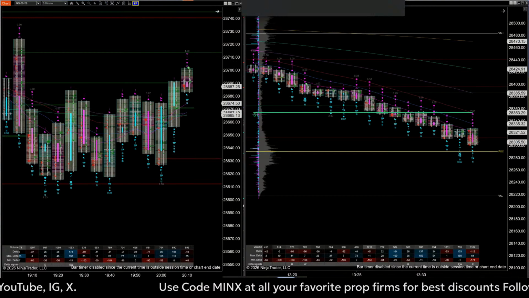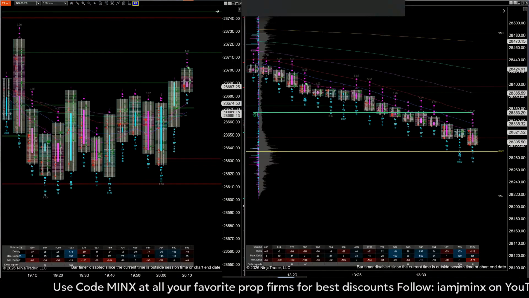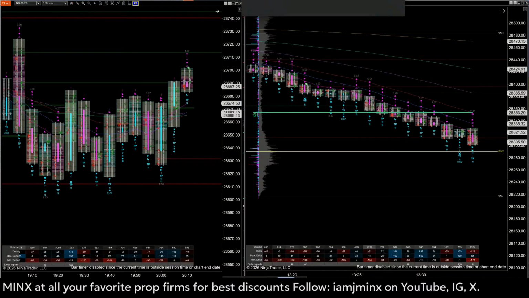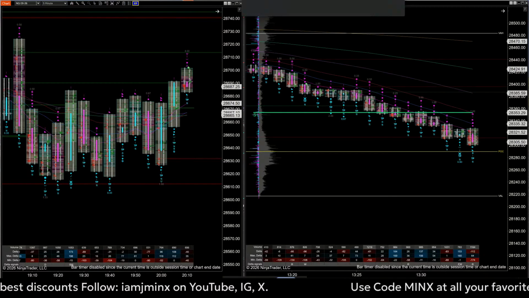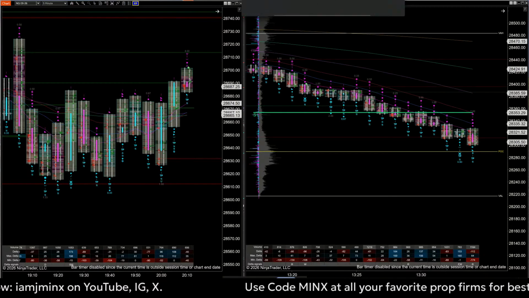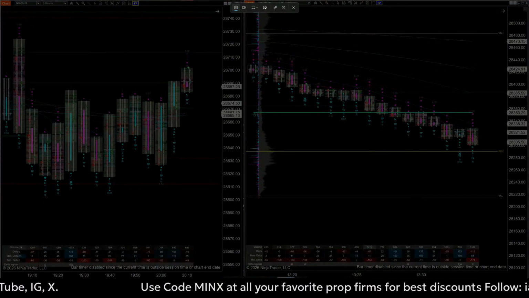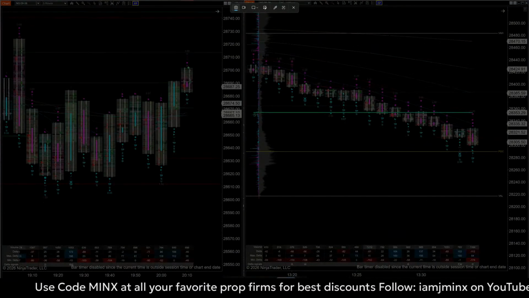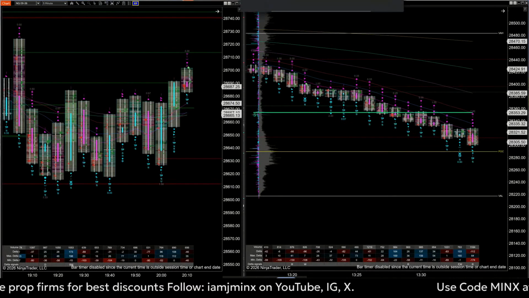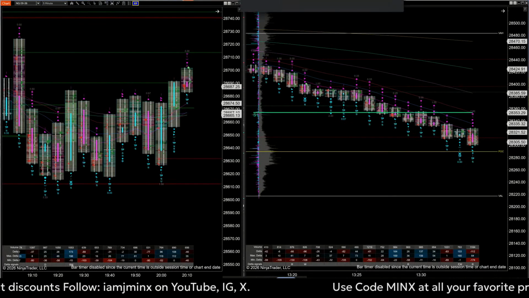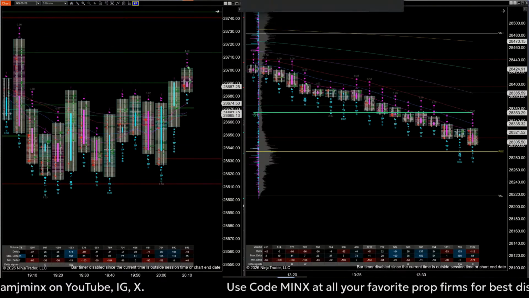How do Tradovate people access the footprint chart? If you log into your Tradovate, I think they do have order flow. That's actually where I saw it the first time, but it's very, very basic.